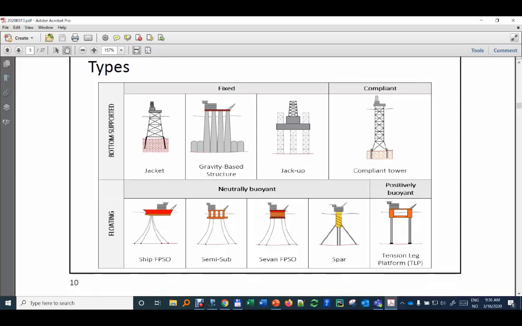There is also one which is positively buoyant, meaning that the TLP, tension leg platform, is held in place with these tendons, with these tethers, and if they were not in place, it would float up to a much higher position, and it would be unstable.